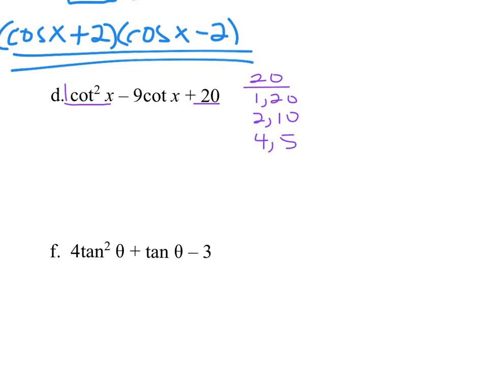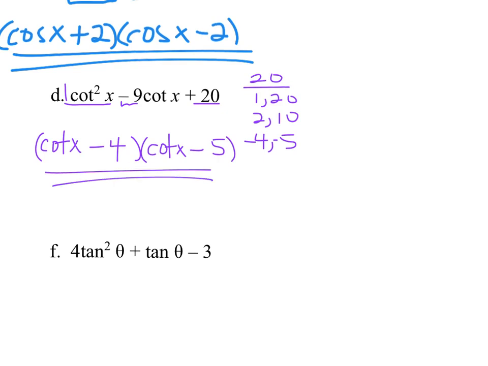If we make both the 4 and the 5 negative, they would multiply to equal positive 20, but also add to get negative 9 as that b value in the middle. Let's see what this looks like. We have cotangent squared x, that splits apart into cotangent x and another one. And then we have minus 4 and minus 5. And again, you can write those in either order. That's the factored form for cotangent squared x minus 9 cotangent x plus 20.